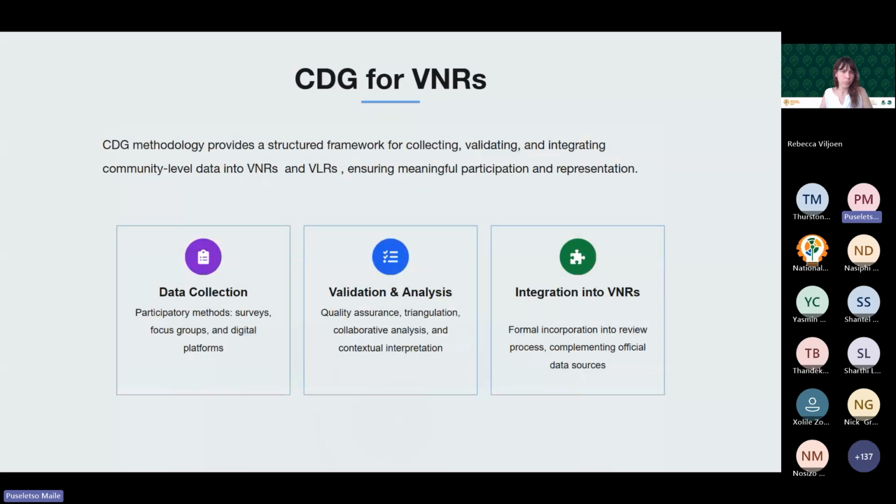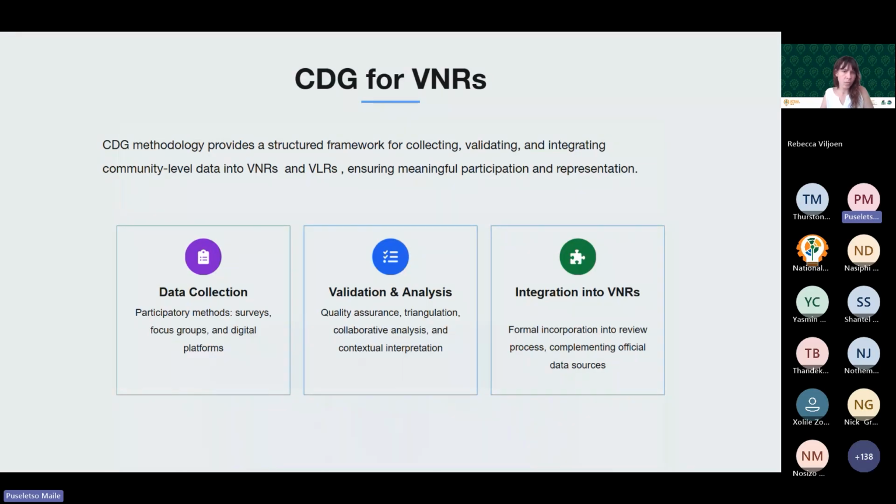So the CDG methodology, as previously indicated, provides a structured framework for collecting, validating, and integrating data from community level into the VNRs and the VLRs, ensuring that there is meaningful participation and representation.